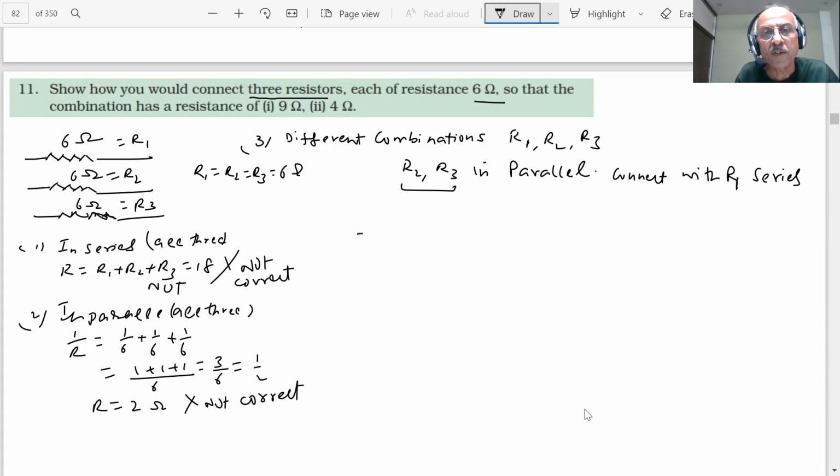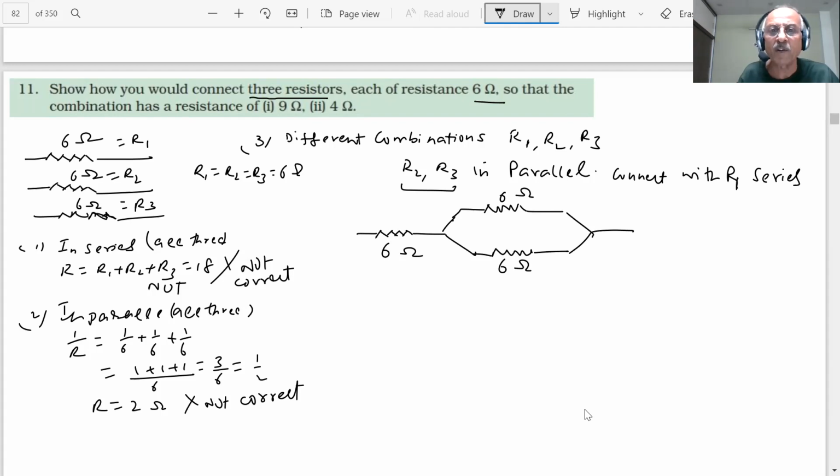R1, you have 6 ohms. Now, what do you have, students? 6 ohm, 6 ohm, and 6 ohm. Okay, find the effective value of this.